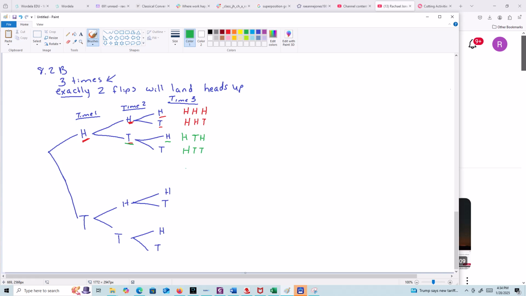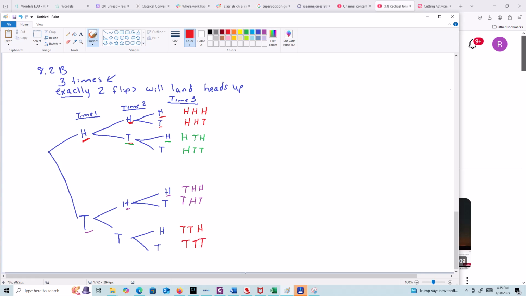Heads, tails, tails. Now we get tails, heads, heads. And tails, heads, tails. And then finally, tails, tails, heads, and tails, tails, tails.